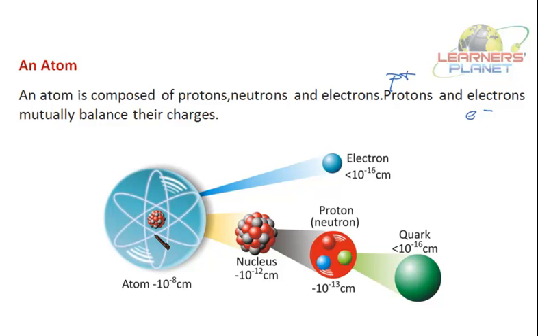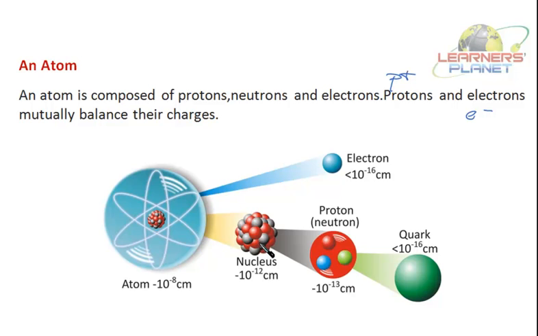I'm just trying to show you what all elementary particles are present within the atom and how they are arranged. See, this is the nucleus. If an atom is disintegrated, or if I take up the particles, there is a nucleus and an electron. This is the diameter of electron given, and it is less than 10 to the power minus 16 centimeter.